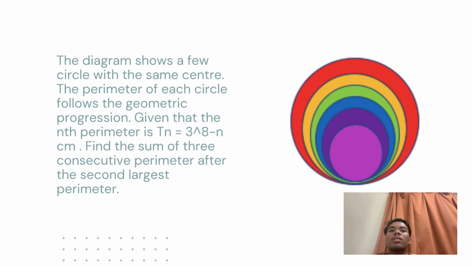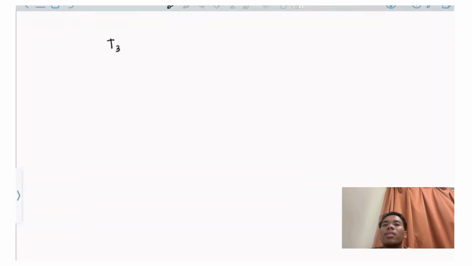Okay, so first is the green, because green is the third largest. By using the general equation which has been given, Tn equals 3 over 8 minus n, we get 3 over 8 minus 3, because the green is the third largest one, so we will get 3 over 5. Then we can search for the blue one, which is the fourth one. Using the same general equation, we will get 3 over 8 minus 4, which will give us 3 over 4.